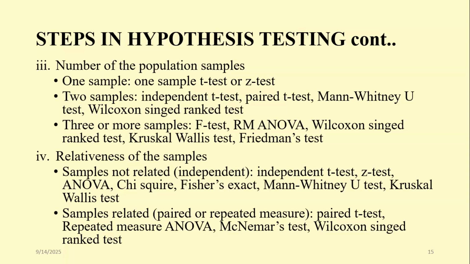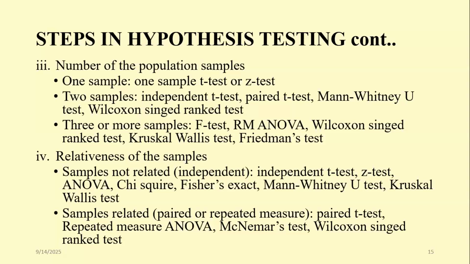But for related samples, you have, for example, one sample that you have taken data from at 2 or more different times. For example, I have one sample now. I take data at baseline. Then I give them training.